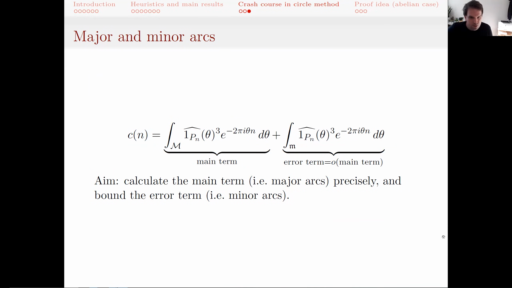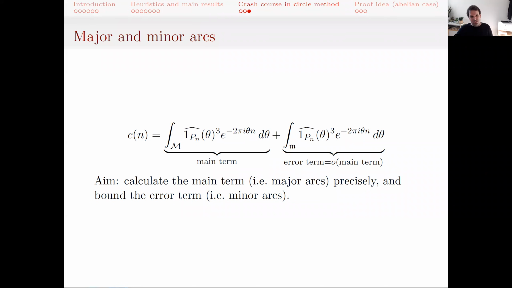And then the idea is to split this integral into two integrals. One goes over the major arcs, the other one goes over the minor arcs, and you hope that the contribution from the major arcs will be your main term, and then you hope to prove that the contribution from the minor arcs is basically just an error. So this should be little o of the main term.